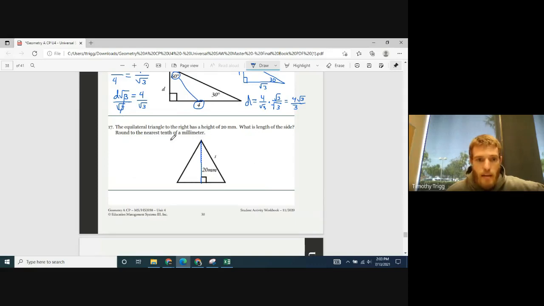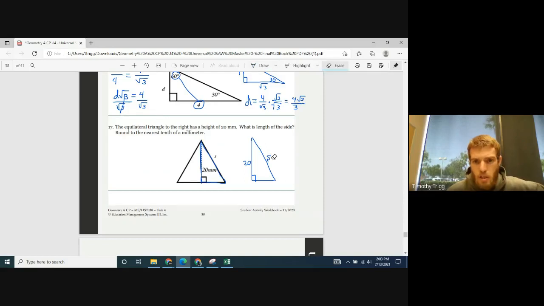What is the length of the side rounded to its nearest tenth of a millimeter? So this time they want it as a decimal, rounded to the nearest tenth. We're looking for this side length S. But what I want to point out is that I can make it split into two triangles here, and we're going to look at this triangle specifically on the right, with the 90-degree angle here, this is 20 here, and we're trying to find what this length S is.